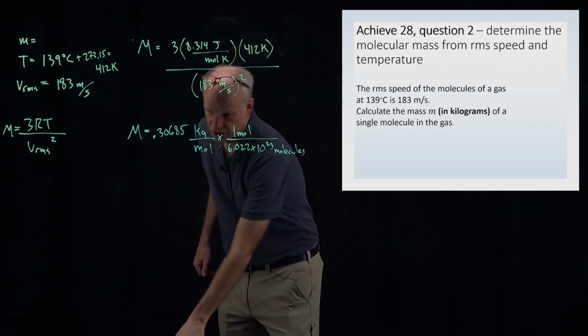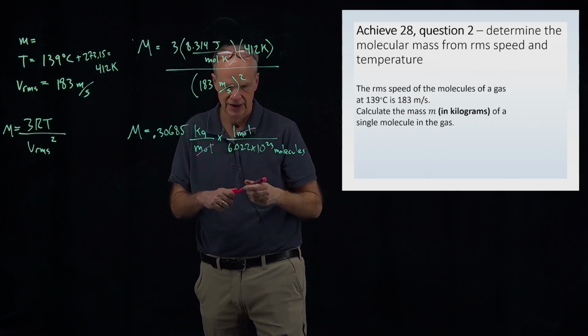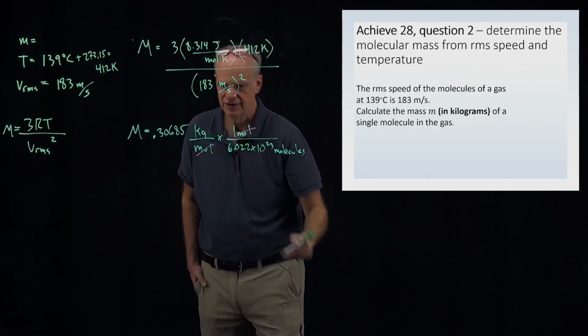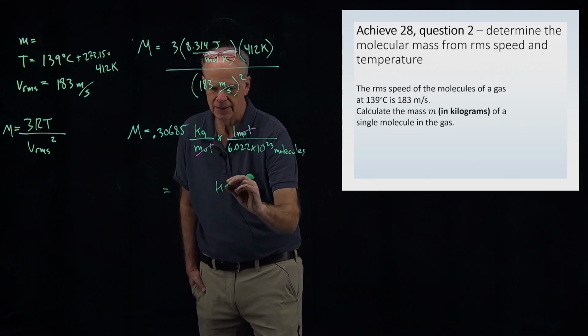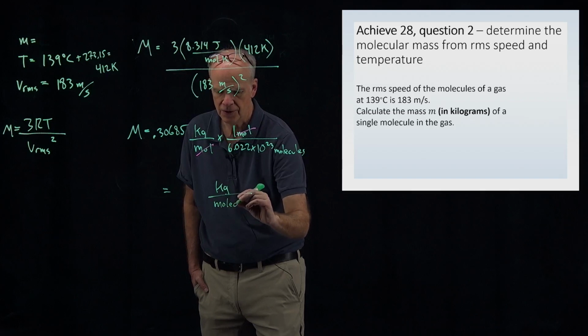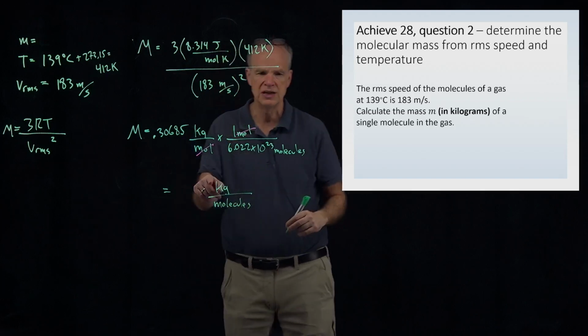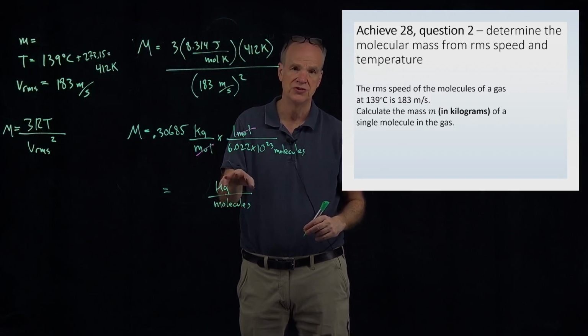Let's see what cancels out. The moles cancel, and we get units of kilograms per molecule, which is the mass in kilograms of one molecule.